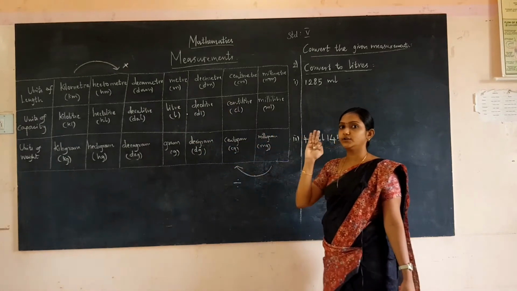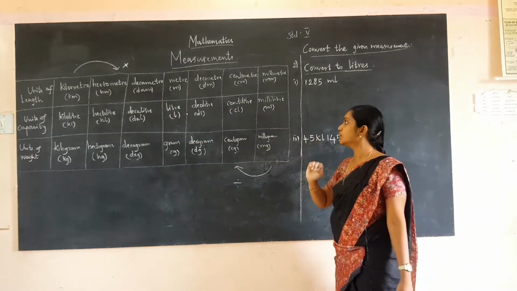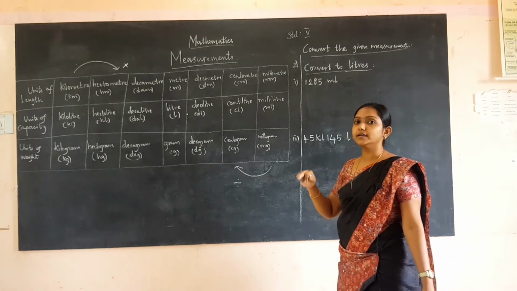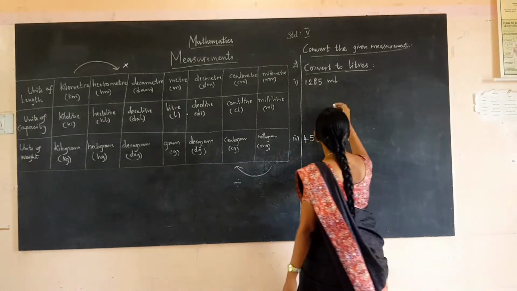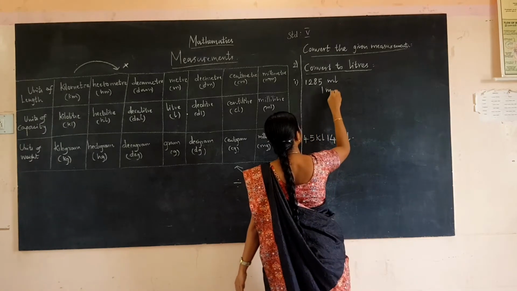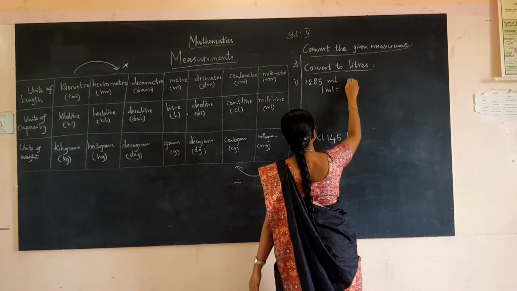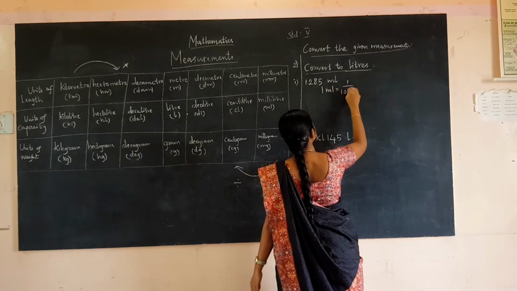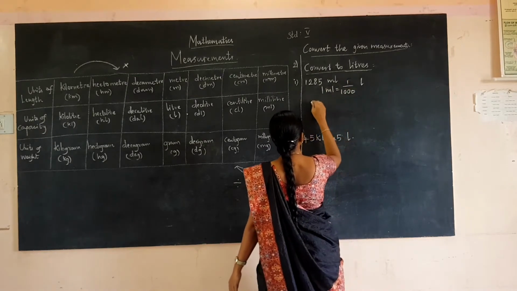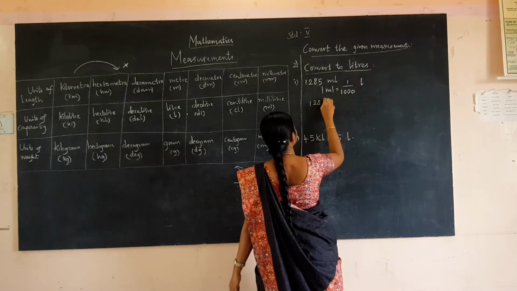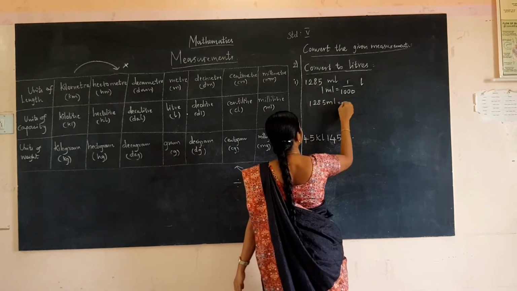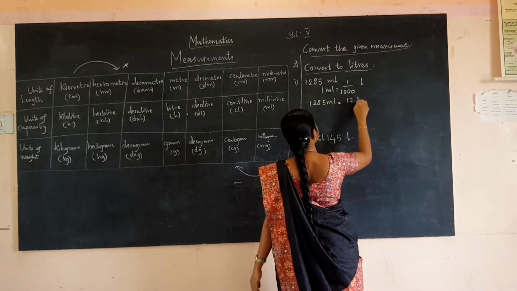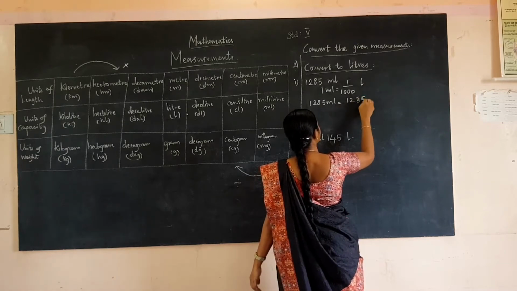We are converting 3 places. So we have to divide by 1000. 1 milliliter is equal to 1 divided by 1000 liter. Then for 1285 milliliter, we have to divide 1285 by 1000.